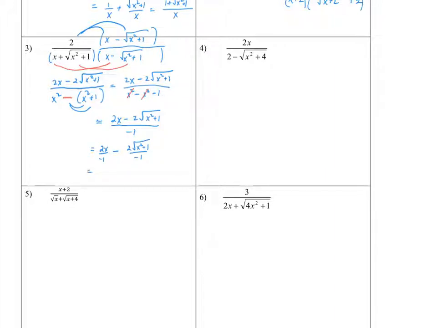Now you can more easily see that 2x divided by negative 1 is negative 2x, and also negative divided by negative is positive, so you'll end up getting positive 2 times the square root of x squared plus 1. Okay, so now you can do 4, 5, and 6 on your own, and don't forget to check your solutions with the final answers on the back.